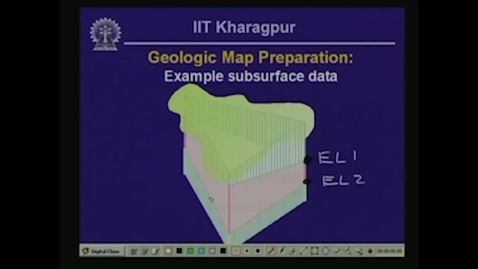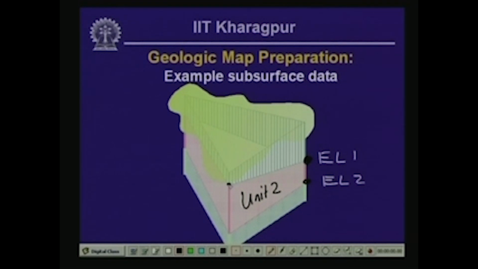How do we use this information? We can actually try to plot a contour through the surface of different geologic units from this information. For example, from the elevations at the top of unit 2, if you recall, this one here is unit 2.